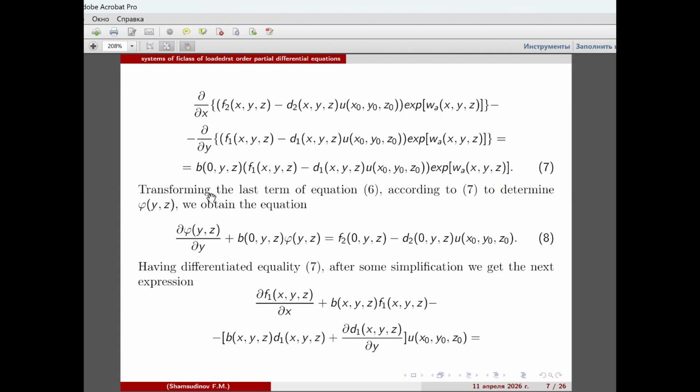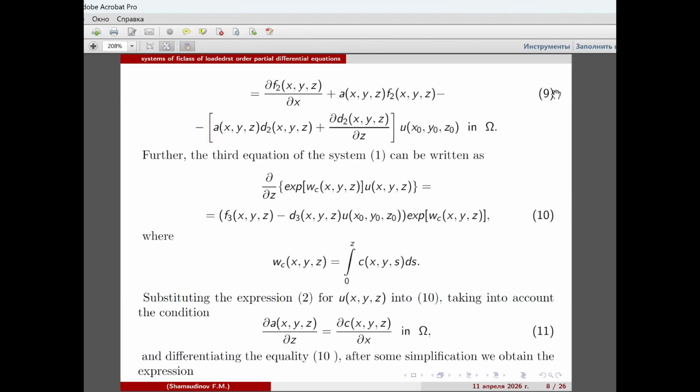Transforming the last term of equation 6 according to 7 to determine phi(y,z), we obtain the equation 8. Having differentiated equality 7, after some simplification, we get the next expression 9.